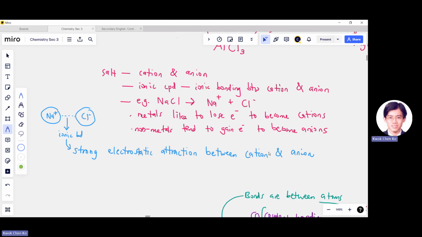Again, let me remind you, cation is positive, anion is negative, so they are opposite charges.